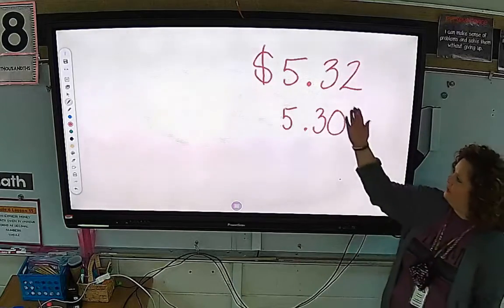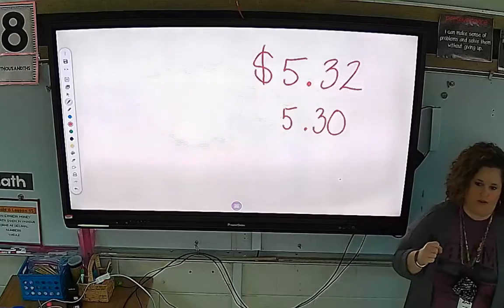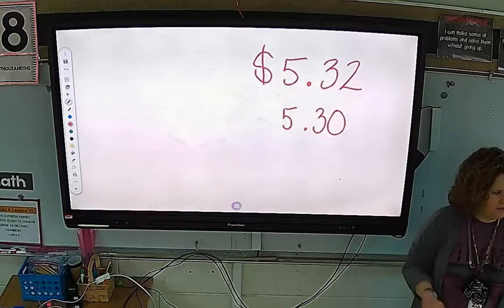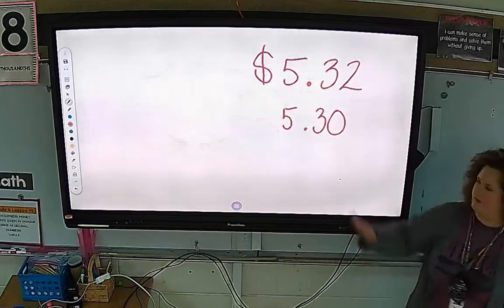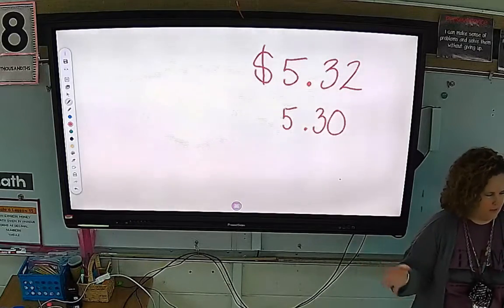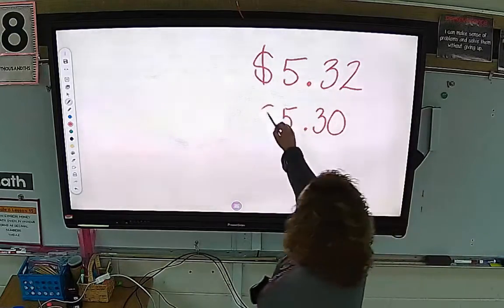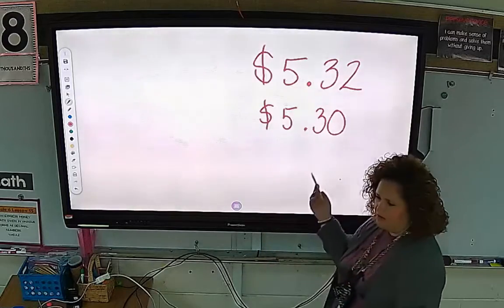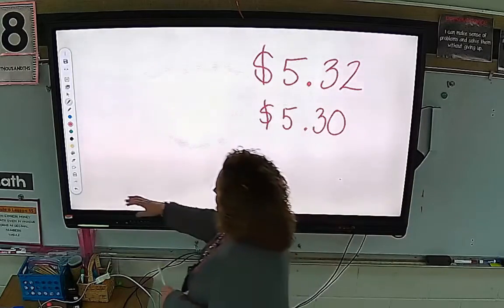Even though 5.3 is equal to 5.30, we're going to write it with that zero with money. You rarely ever see just 5.3, yeah. So, yes, that's just the style our money is written in.